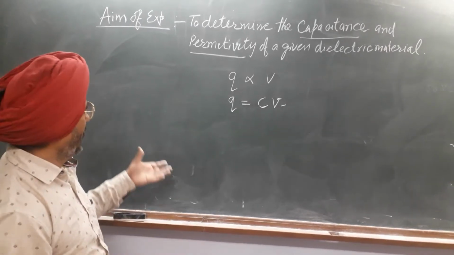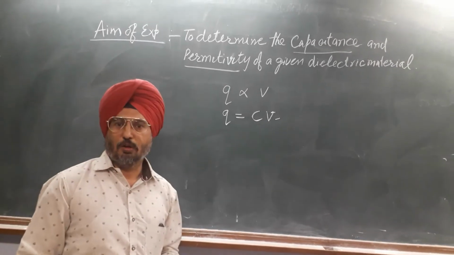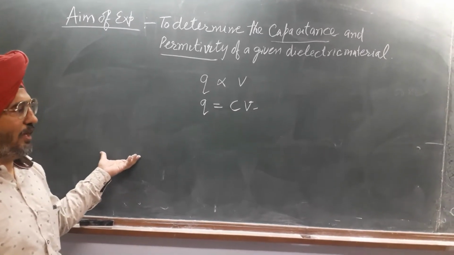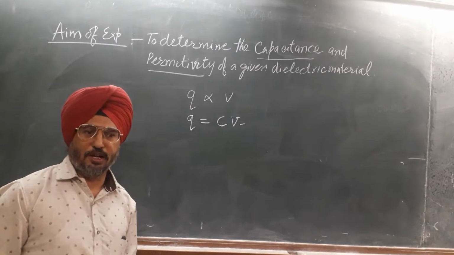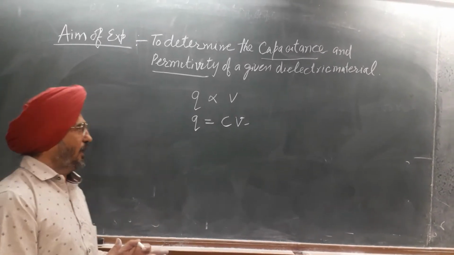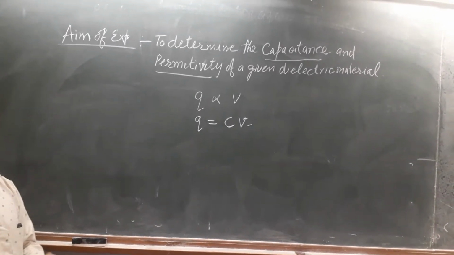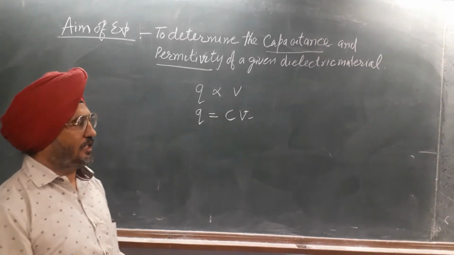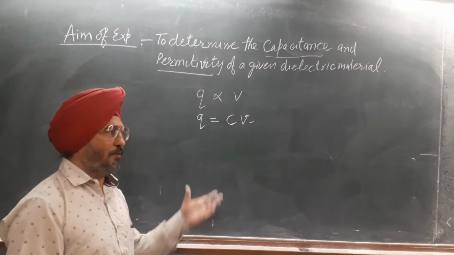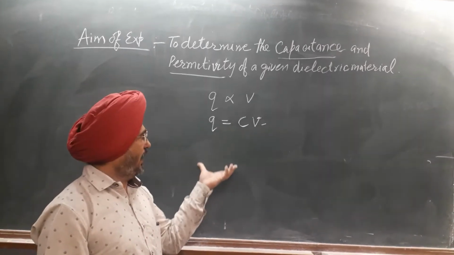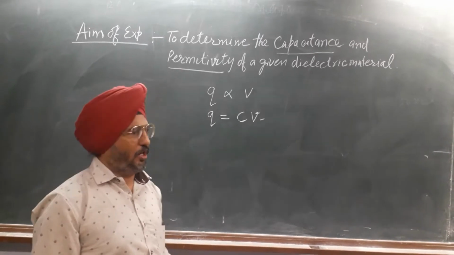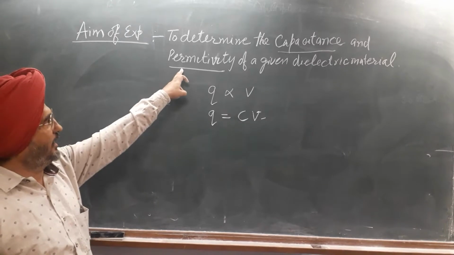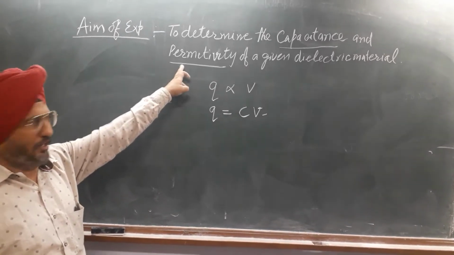Polarization is the process in which, when we apply an electric field across a material, positive and negative charges get separated by a definite distance. The ability of the material to get polarized is known as permittivity.